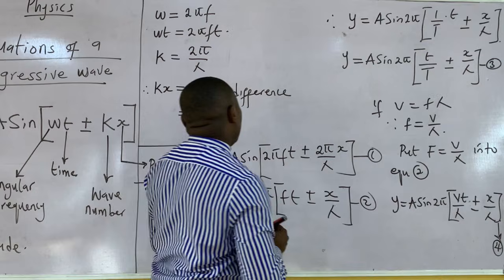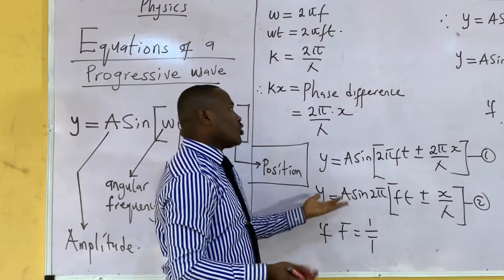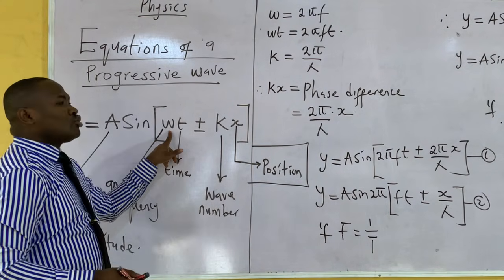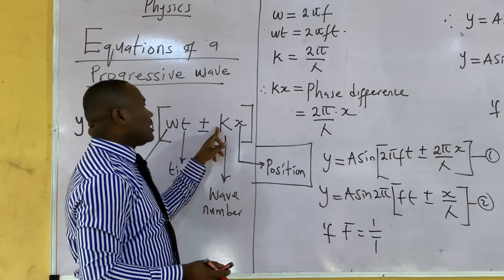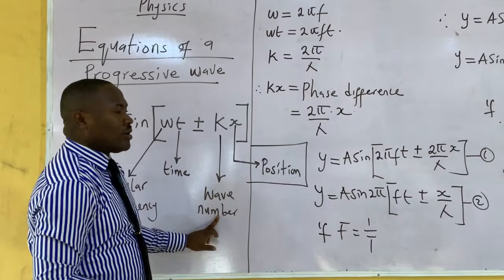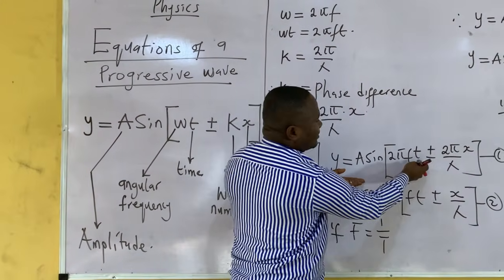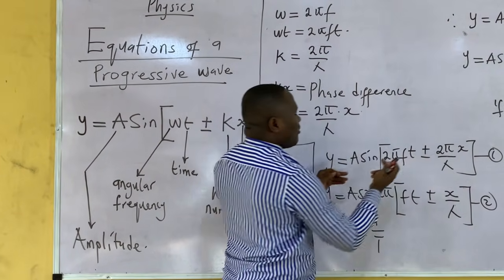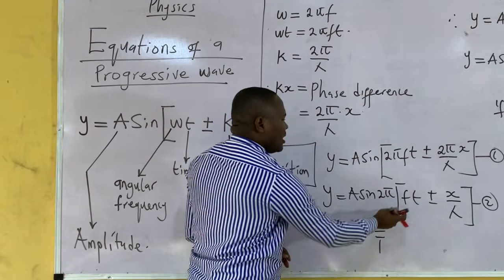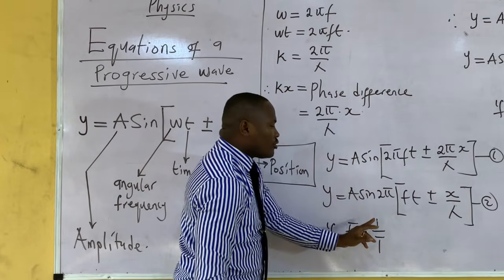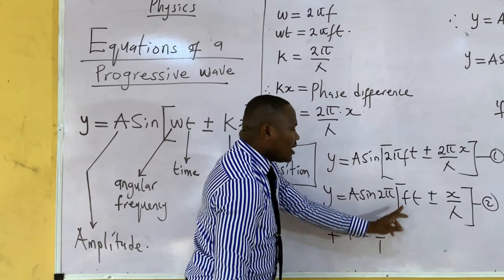So we have 4 equations derived from this main equation, and the first one is, what did we do? It is to substitute 2πf in place of ω, and to substitute 2π over λ in place of k. Remember, k is our wave number and ω is our angular frequency. In doing that, we arrived here. Bringing out a common factor, which is 2π, we arrived here. From here, we now said, let our f be the reciprocal of the period, so 1 over period equals f.